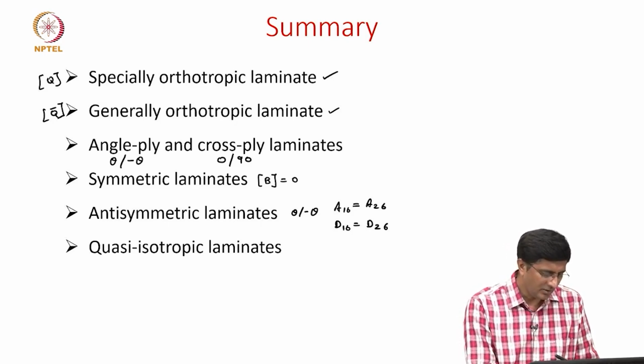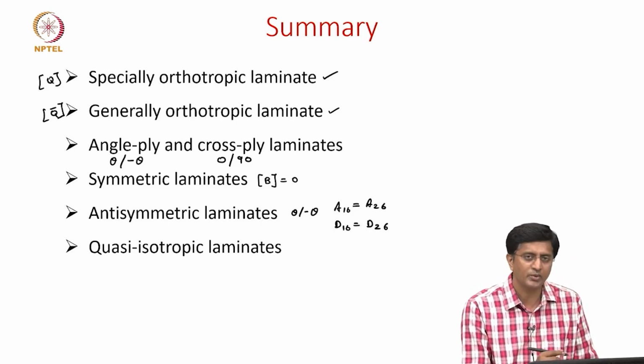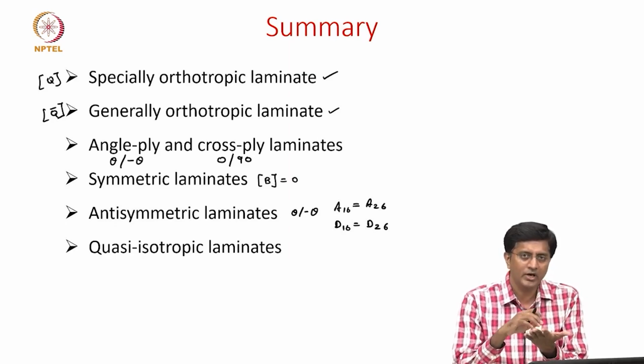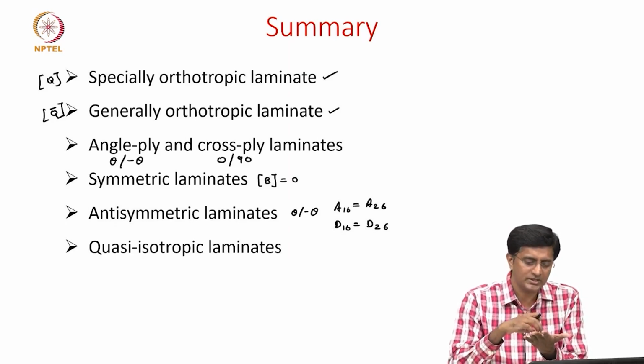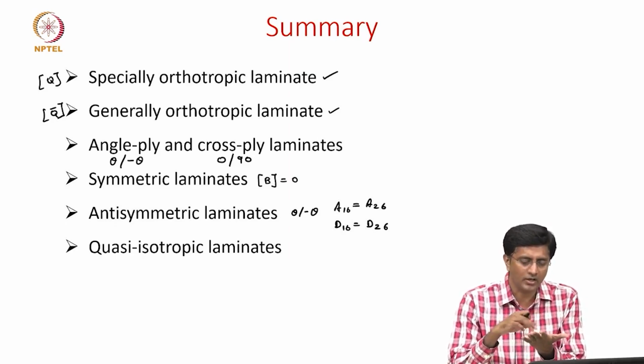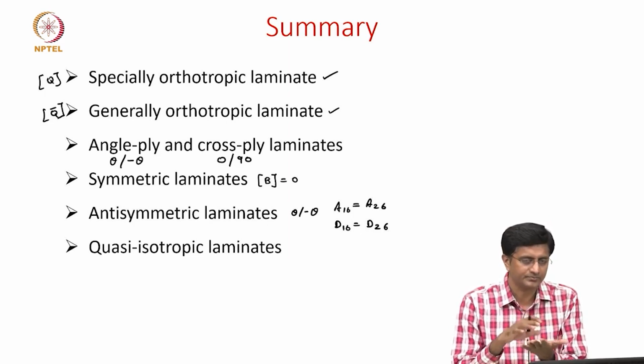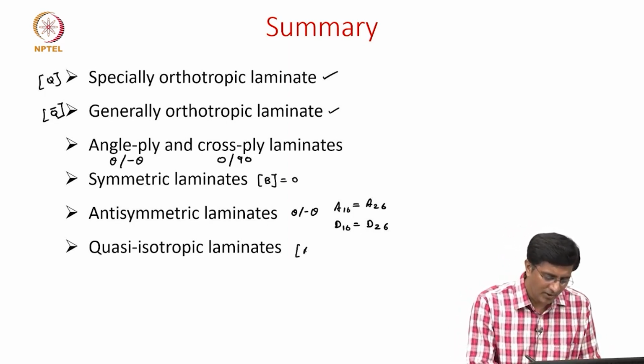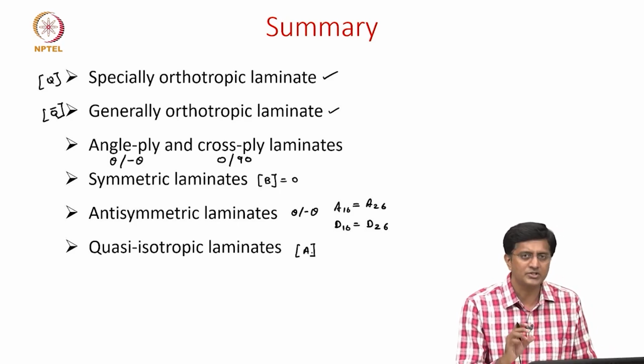And lastly, we also discussed the quasi-isotropic laminate, where in the plane of the laminate we have isotropic properties, meaning the stiffness is the same in all directions in the plane, which also means that the A matrix takes the form of an isotropic material. But we cannot comment on the B and D matrices; they can have any other form.